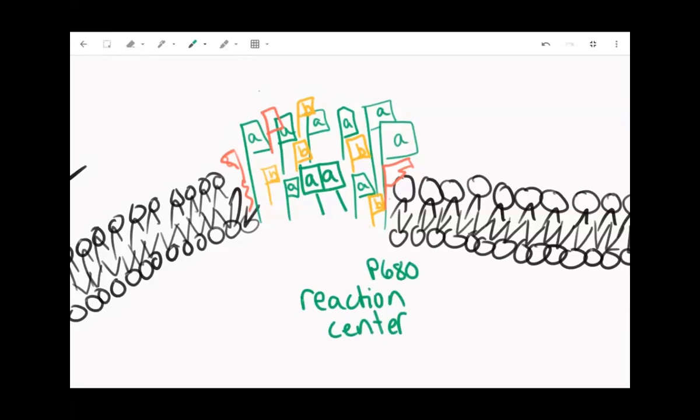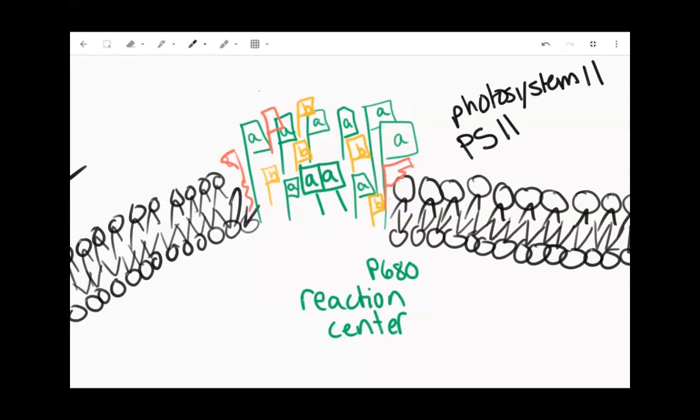So often you'll see the reaction center labeled as P680 for photosystem 2. So there's our photosystem 2, and you might see it as PS2 for short.